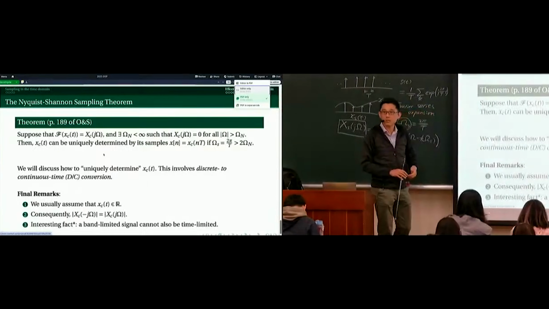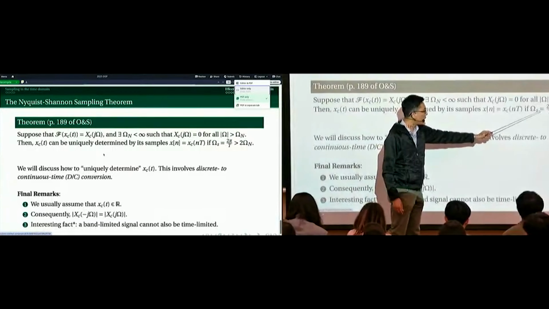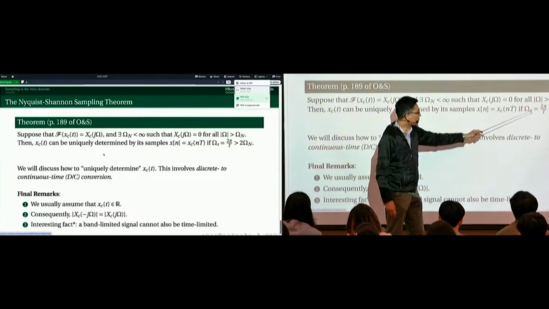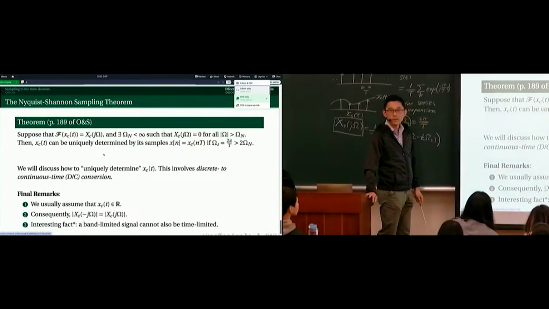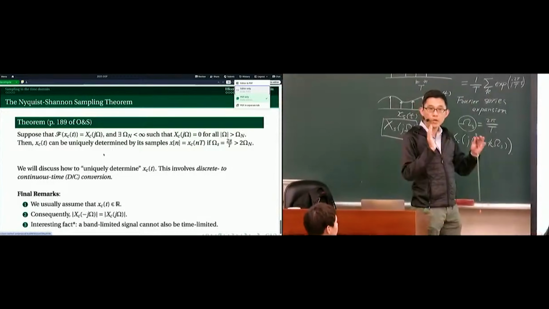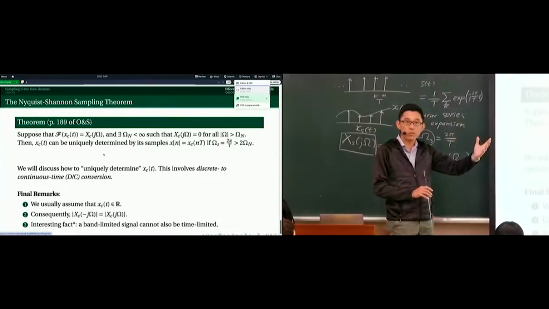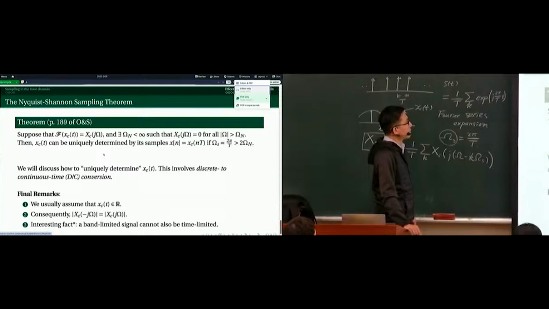Then we say the signal can be uniquely determined by its samples, as long as we sample at a sampling rate that is at least 2 times higher. You have a bandwidth. Make sure you sample your signal with a sampling rate that is at least 2 times higher. That's the meaning of this sampling theory. Why?